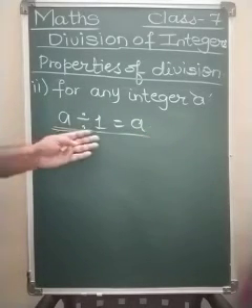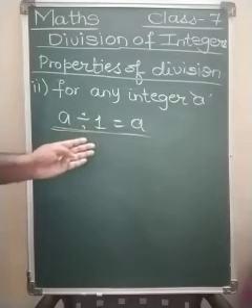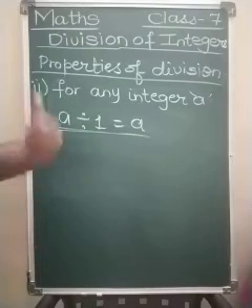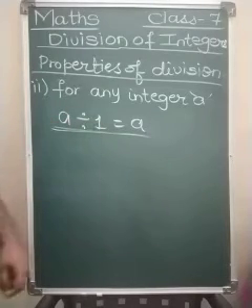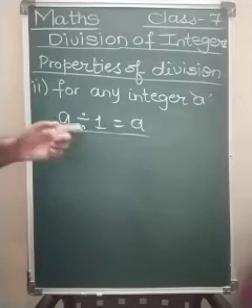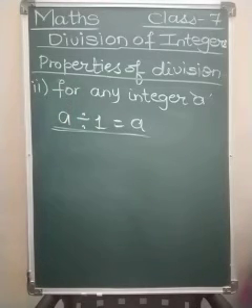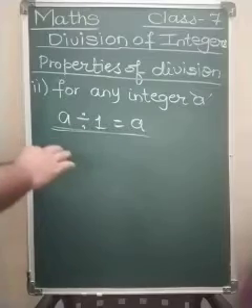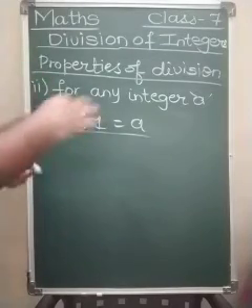So this is somewhat an identity. We can call this the divisible identity, because the multiplicative identity is also 1 and the divisible identity is also 1. So here a divided by 1 equals a, and this is how we are going to see these sums.